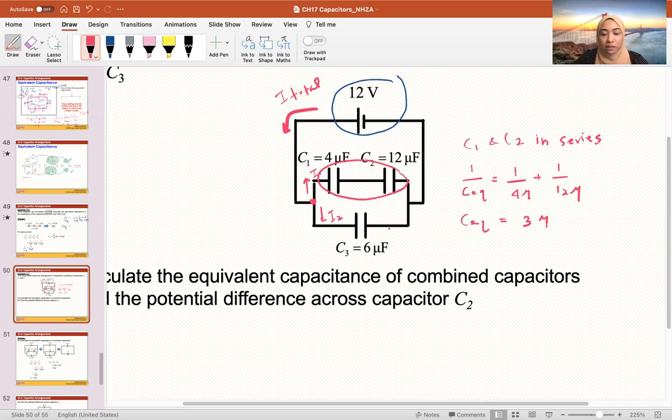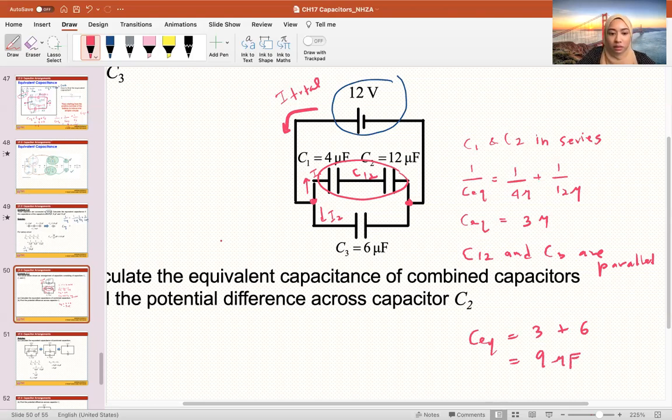So 3 is in parallel with 6 because they meet the same points on the sides. So C12 meets the same points as C3. So C12 and C3 are parallel. So C equivalent is equal to 3 plus 6, which gives you 9 microfarad.